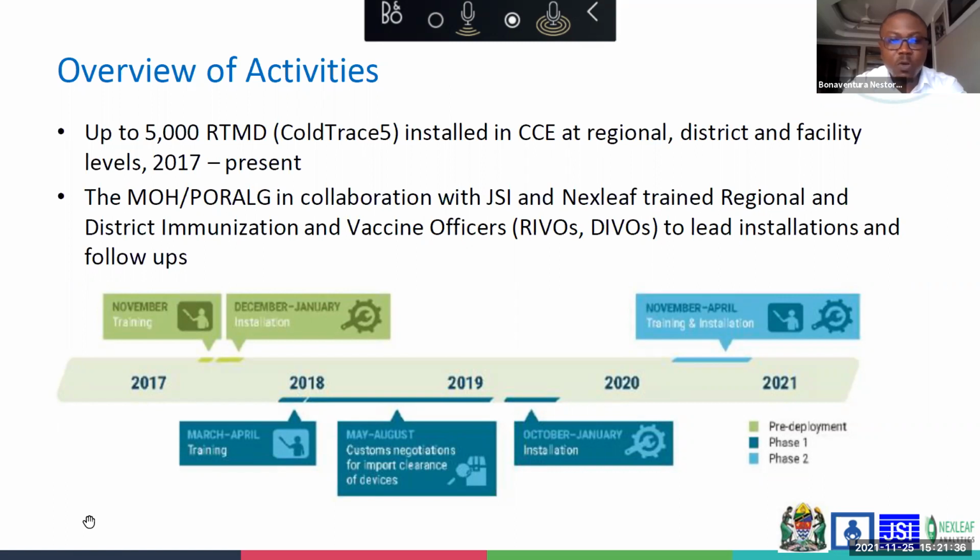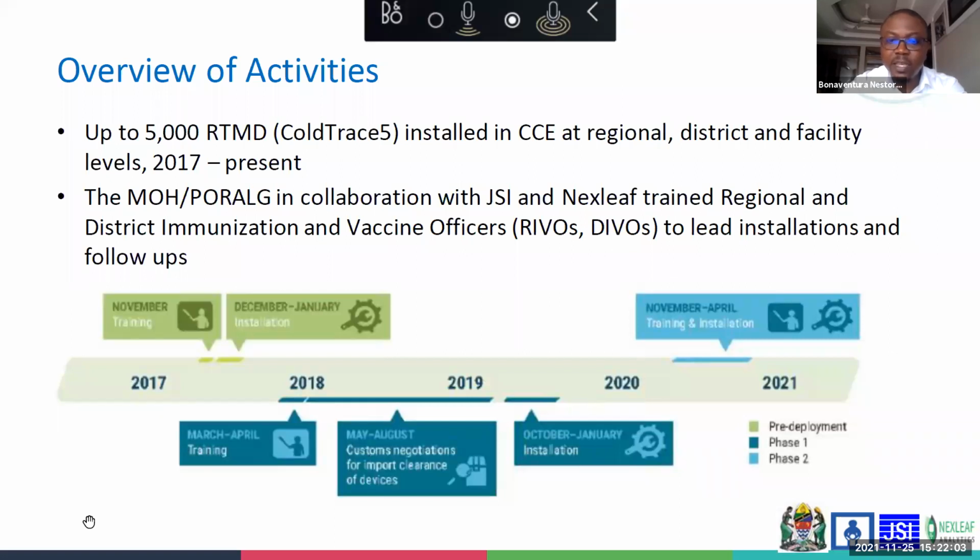As the timeline went on, we started the second phase of training for some districts and regions, and continued until the year 2019, when the Ministry of Health had some negotiations with the customs authorities to find clearance so that we could import these devices into our country.